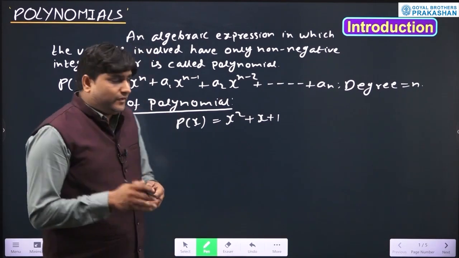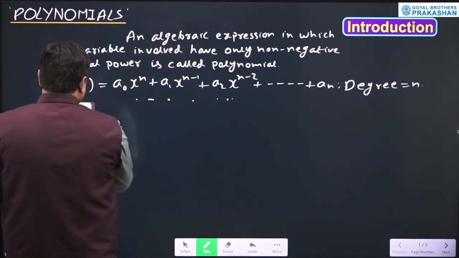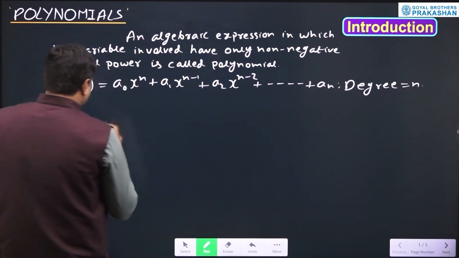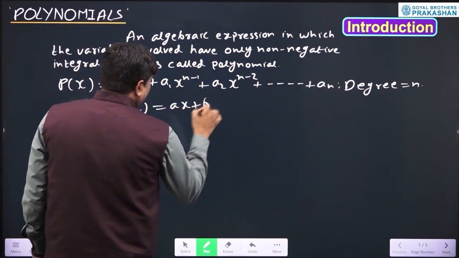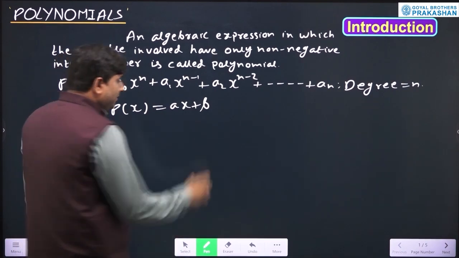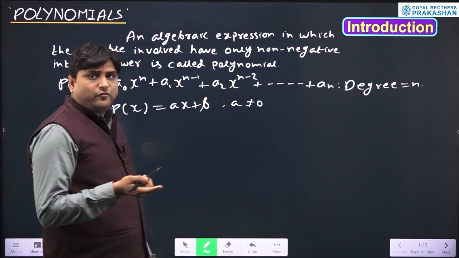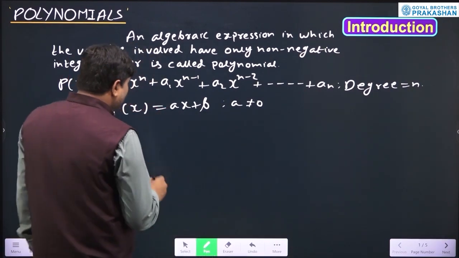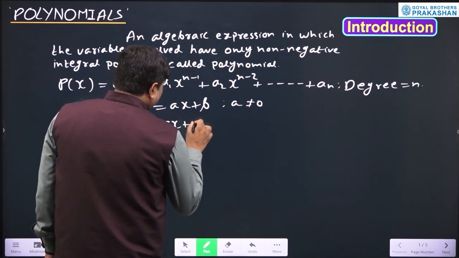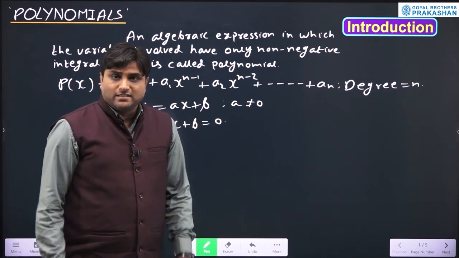So I think the value of a polynomial is clear to you all, and the 0 of a polynomial, I am repeating again, is that value of x for which the value of the polynomial becomes 0. Now I am taking a linear expression again. The general form of a linear expression is ax plus b, where a should not be equal to 0. Suppose I have to find the 0 of this polynomial. Then I'll equate it to 0.